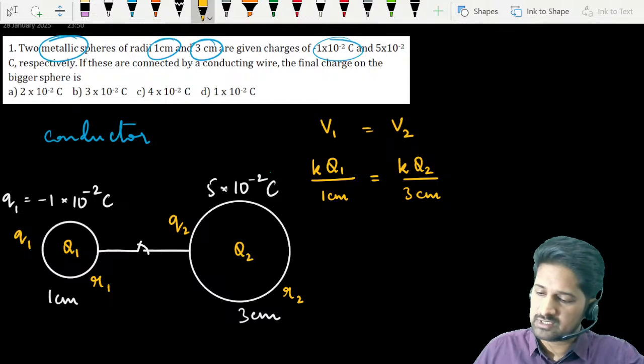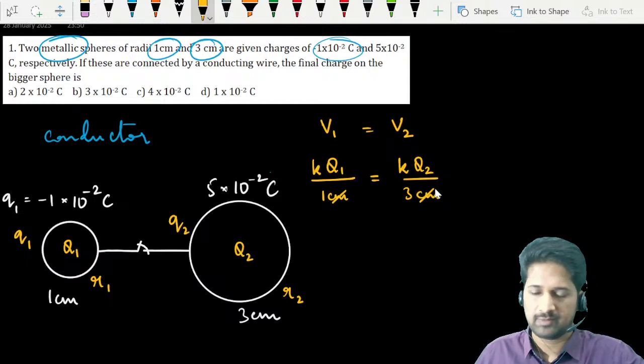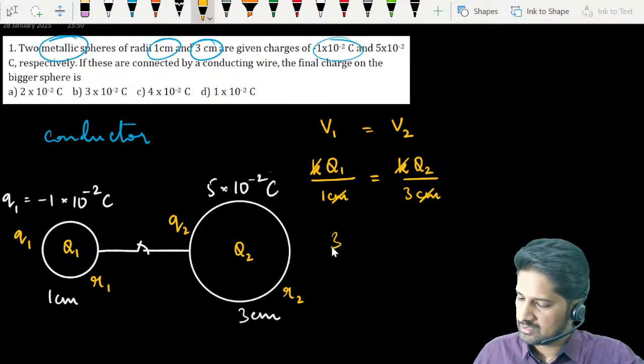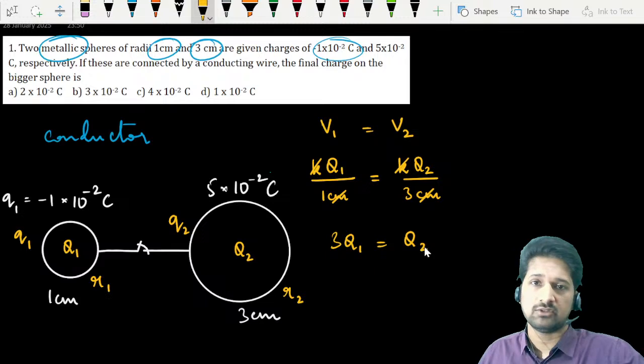I'm not bothering to change the units of the radius because they will cancel anyway, and Coulomb's constant K will also cancel. So 3Q1 becomes equal to Q2. That will be the ratio of final charges on the spheres.